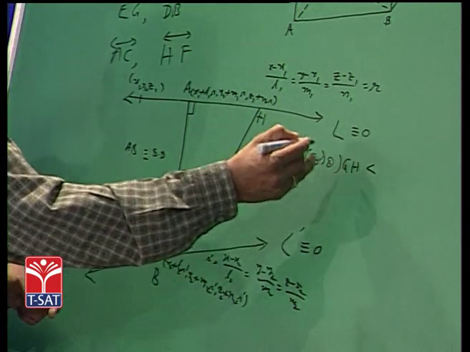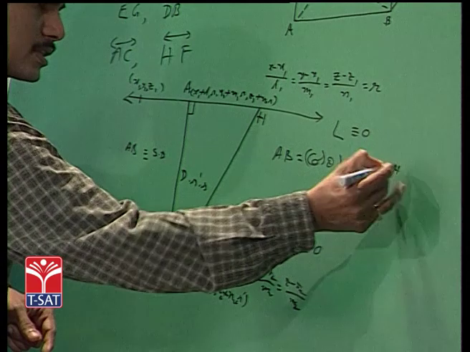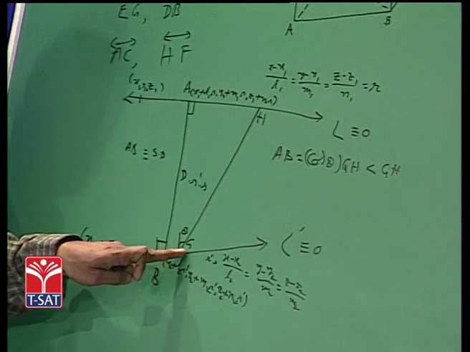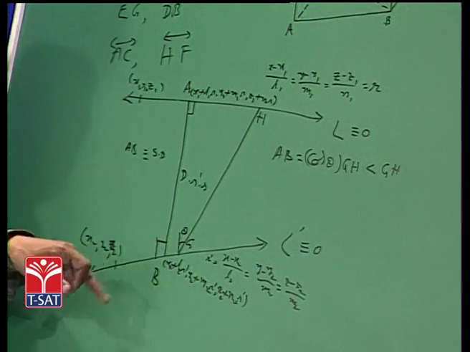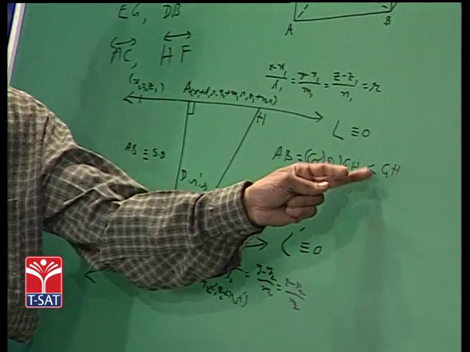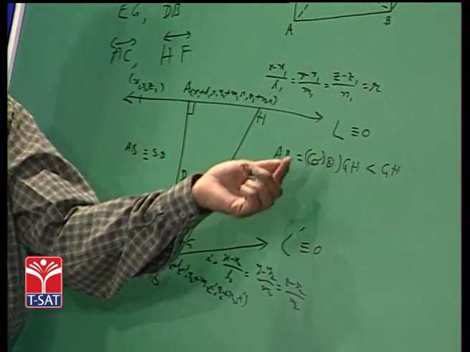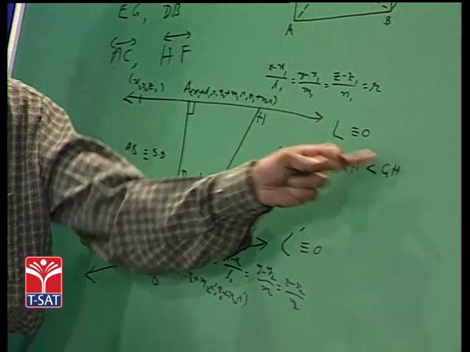I repeat, here theta is a positive acute angle, therefore cos theta is less than 1, and if we multiply both sides by a positive quantity GH, we have cos theta into GH is less than GH.